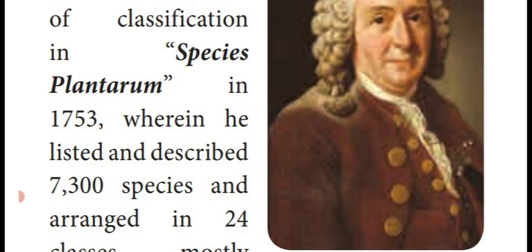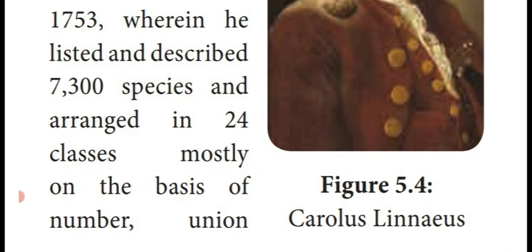In this book, he described 7,300 species arranged into 24 classes. On what basis did he classify the plants? Number of stamens, union of stamens, and length of stamens. What is a stamen? Stamen is the male reproductive organ, isn't it? So in the olden days itself, he used the sexual character in his classification.